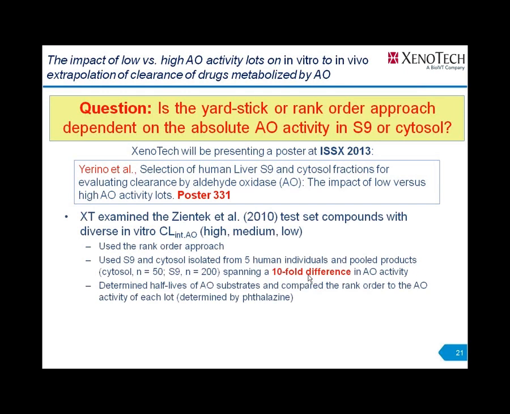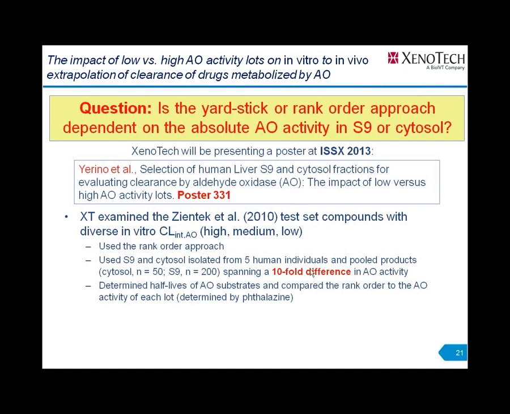But diving straight into what we did, we looked at the test set compounds that the Pfizer paper used with diverse intrinsic clearances for AO, and selected those compounds that had high, medium, or low in vitro intrinsic clearances, and used this rank order approach with multiple human individual lots.